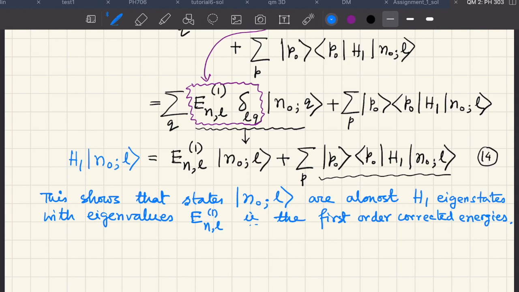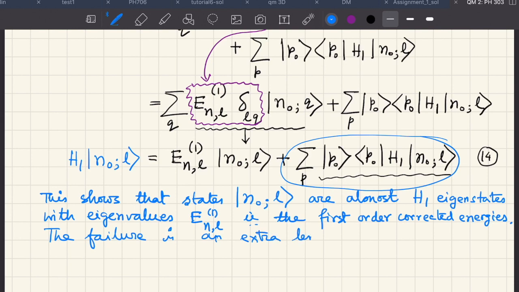The failure by which it is not exactly the eigenstate with eigenvalue ENL1 is this term. The failure is an extra state, along V tilde, the other space that we had other than Vn, the degenerate subspace.